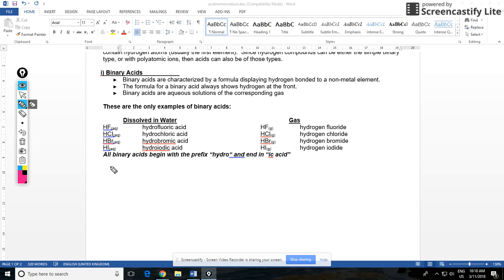a binary acid. Let's say, for example, we want to name HF as an acid, so it's (aq), dissolved in water. The first thing all binary acids have is the prefix hydro. The main reason is because hydrogen is the star of the show. Hydro. Then you take a look at the element that it's connected to. This element here, you know, is fluorine.